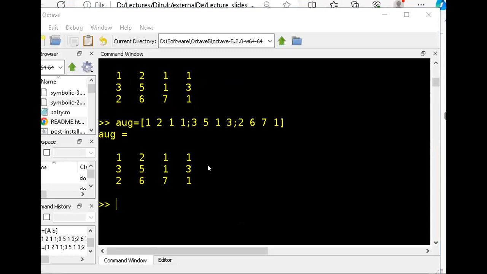Now I can perform row operations. I can simplify this matrix. When you perform row operations, you get the same solution. Here you have some solution x. Let's pretend it is 1, 2, 3.